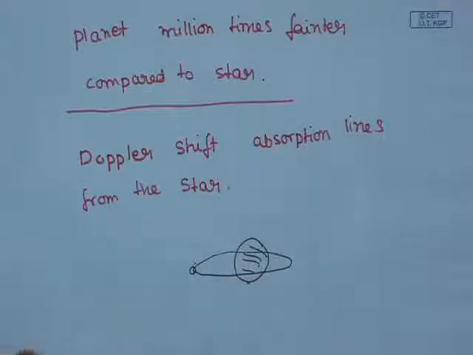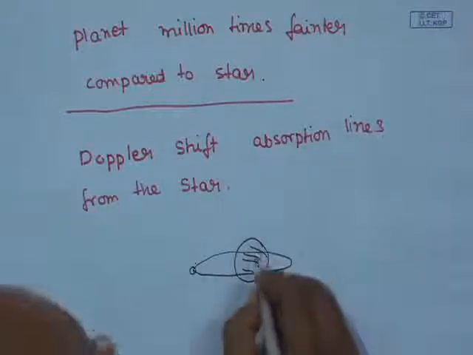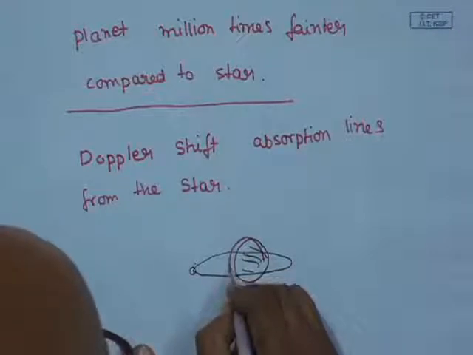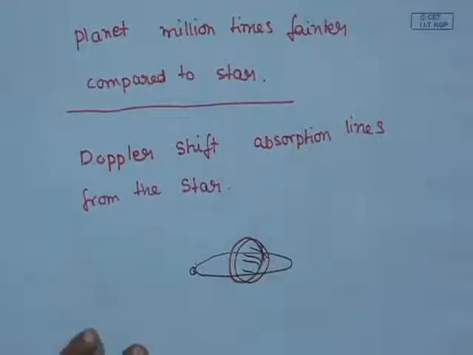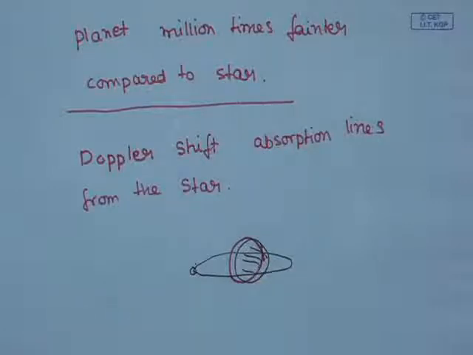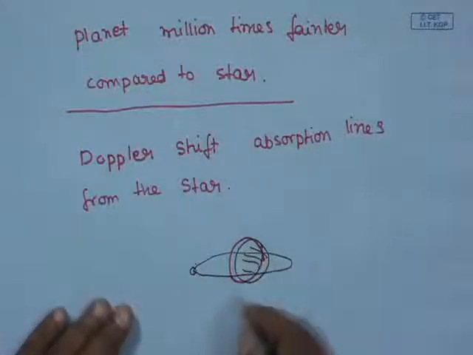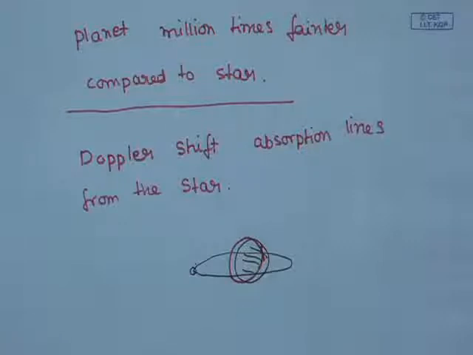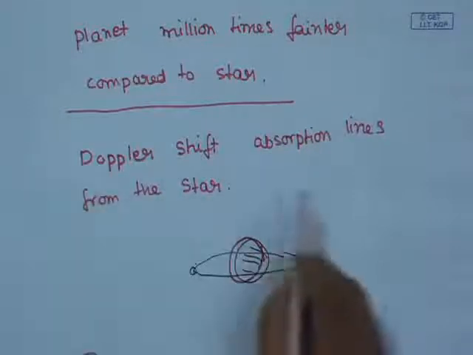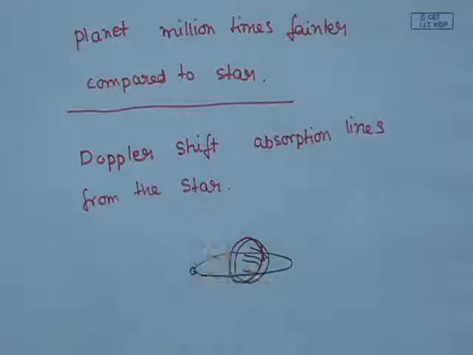So, the star also wobbles back and forth. If you look closely at the star, it also goes around its center of mass, and this motion of the star around its center of mass gives rise to a Doppler shift in absorption lines from the star.